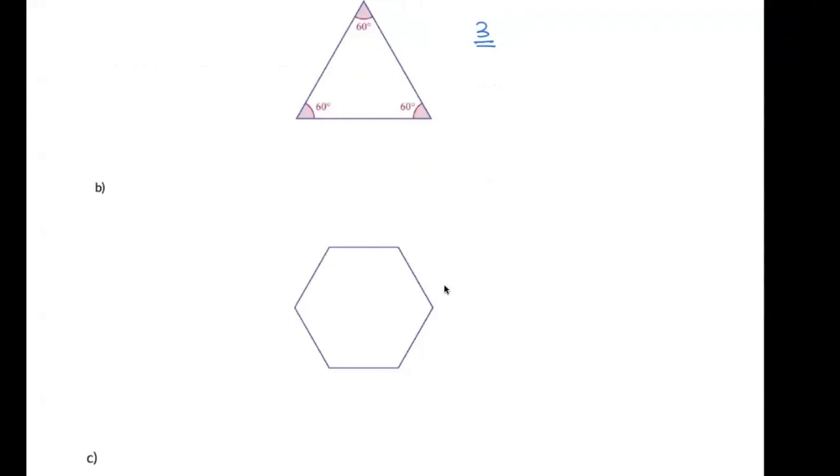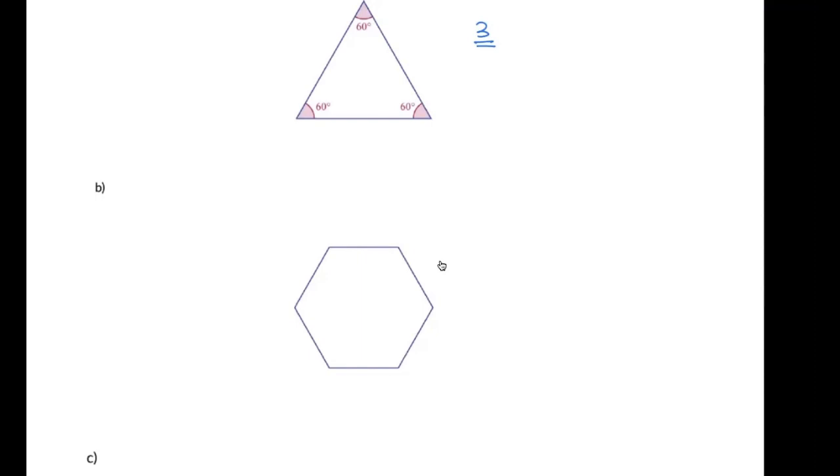How many lines of symmetry does a hexagon have? 4. A hexagon will have 6 lines of symmetry, but right now we need to find the order of rotational symmetry.